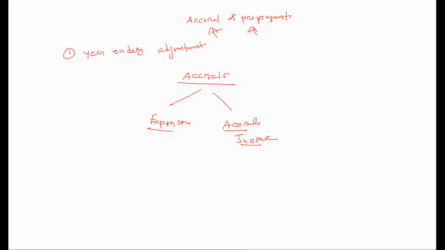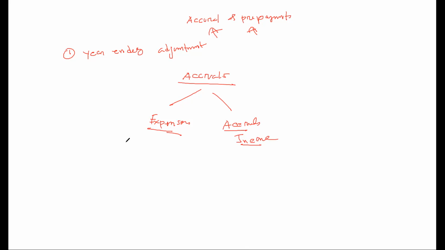An accrual expense happens when the business has already used the services, but has not made the payment. For example, think about electricity or any type of expense, for example rent.